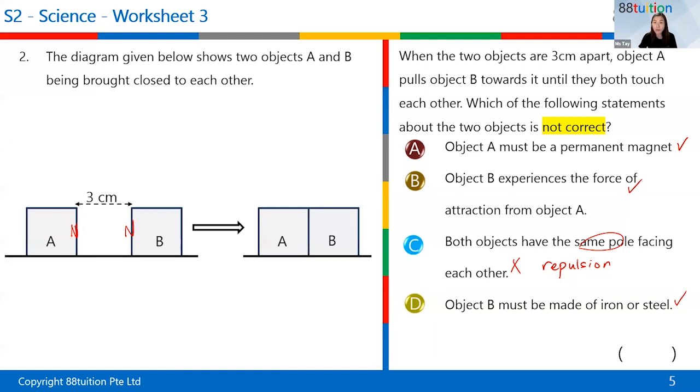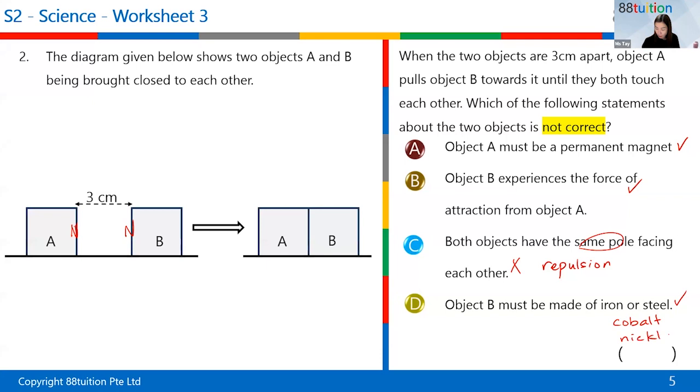Now, other than just iron and steel, do you know what other metals can be magnetic material? Cobalt? Nickel? Yeah.